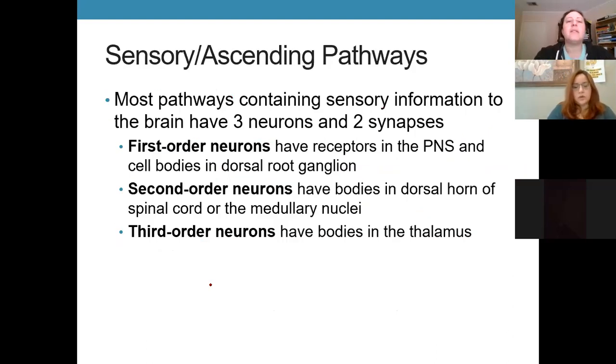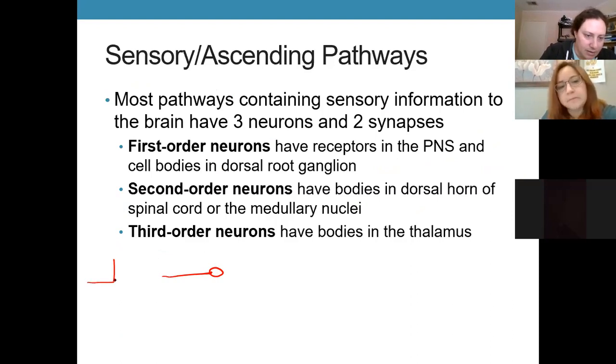Now, when we look at the sensory pathways, we find that they're pretty much always 3 neurons. Here's our little bipolar or pseudo-unipolar neuron.